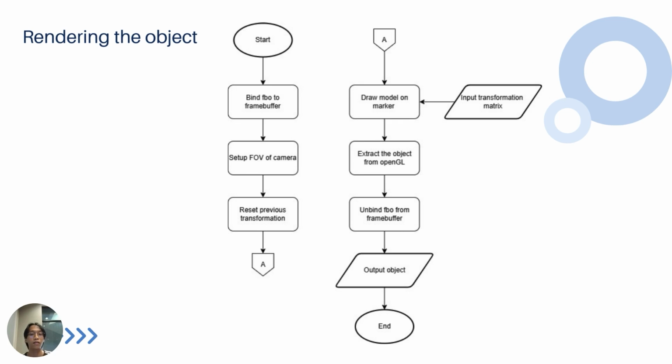After that, the model will be drawn on the marker using the given transformation matrix. Next, it will extract the object from OpenGL so that it only gets the object and not the background, and then unbind the frame buffer object from the frame buffer, and then output that object to be used in the camera feed.